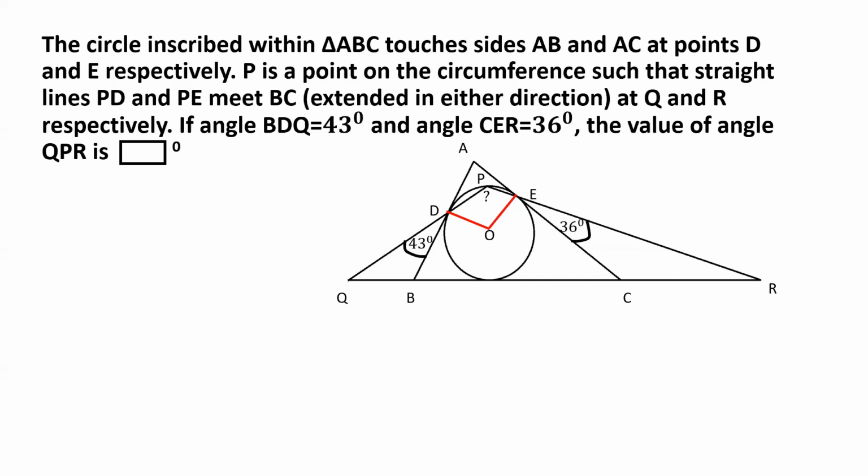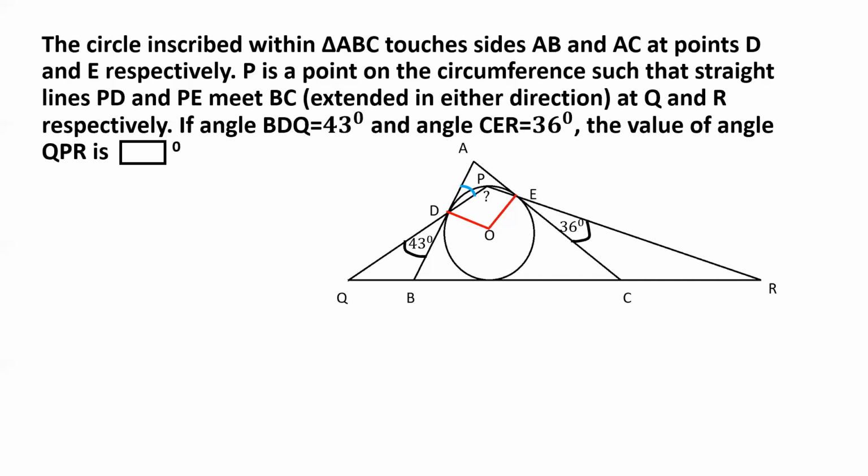Now let's consider what's the value of angle ADP, which is marked in blue. It's actually very simple because angle ADP and angle BDQ are vertically opposite angles formed by the intersecting lines PQ and AB.